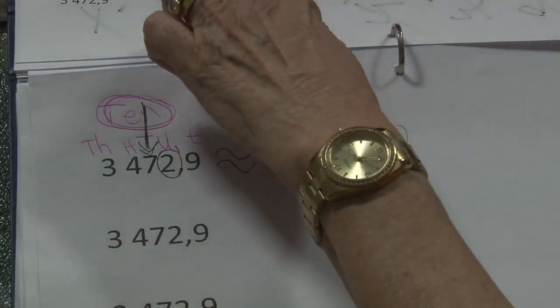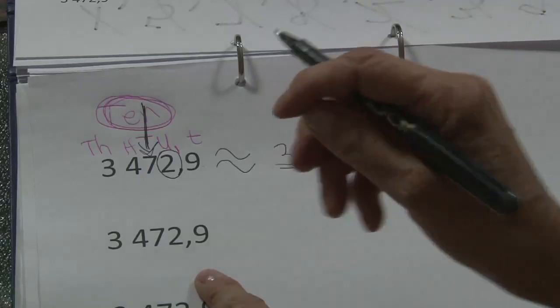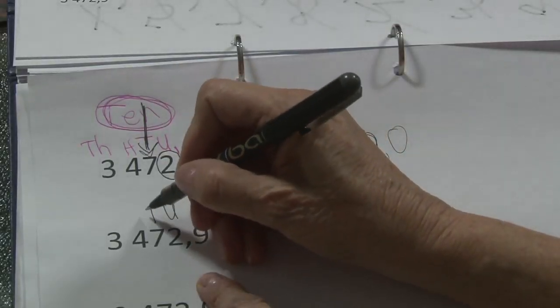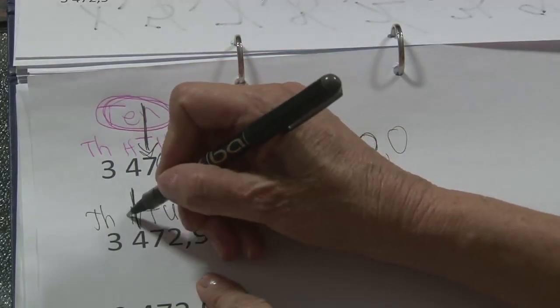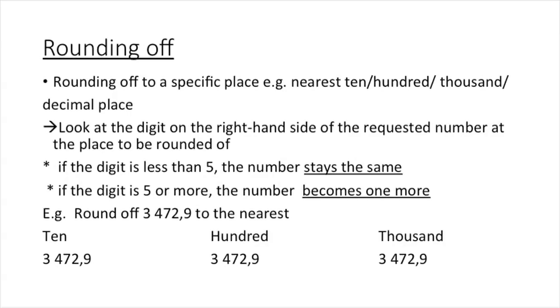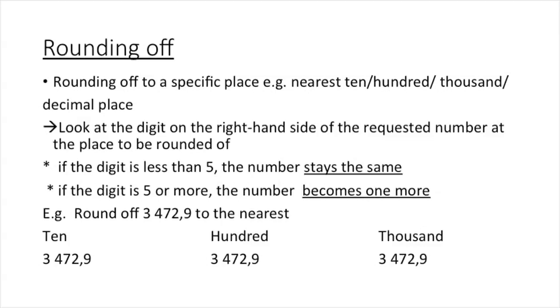The next one, round off to the nearest 100. Important to realize, now I have to round off to the nearest hundred. So it's units, tens, hundreds, thousands. So the hundred is there. Again, the one on the right-hand side of the hundred will decide about the hundred's future. So in this case, it's a 7. It's more than 5. So the 4 will change to 5.